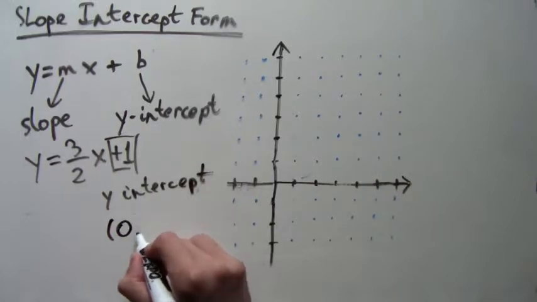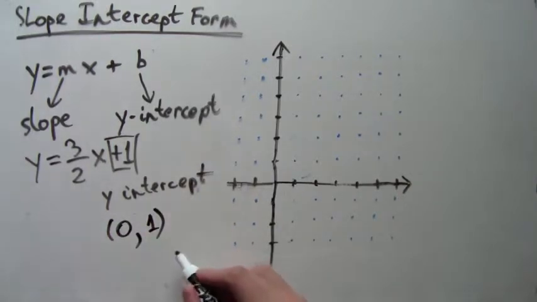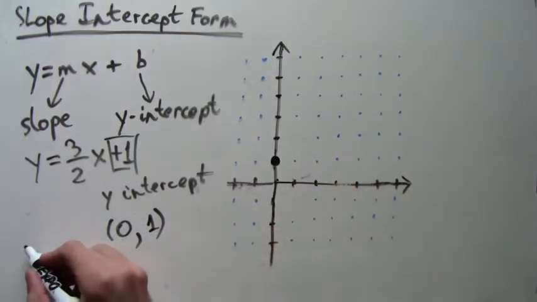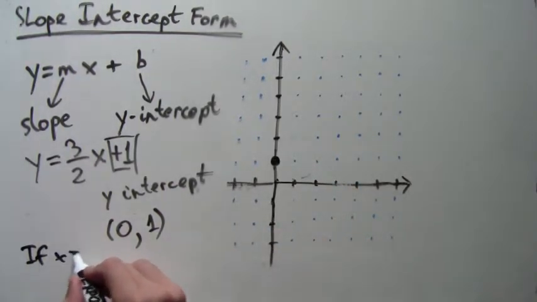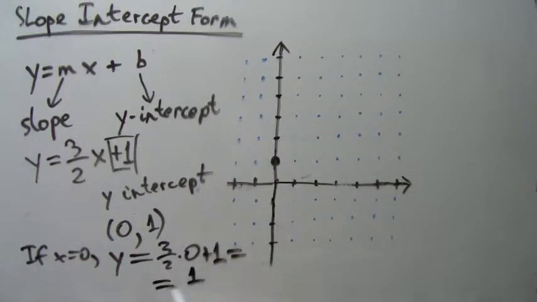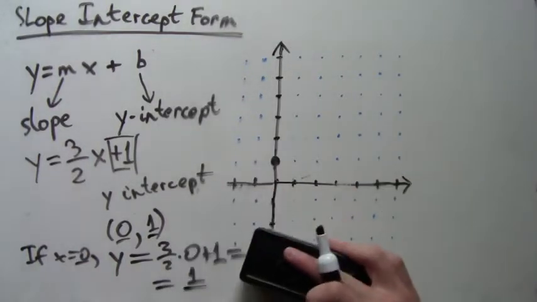So that means that the point (0, 1) must be on our line. We can check this. If x equals 0, then y must equal 3/2 times 0 plus 1, which simplifies to just 1. So (0, 1) is indeed a point on the line.